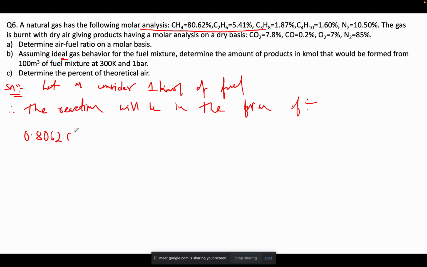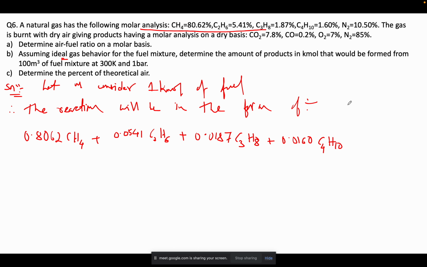0.8062 CH4 plus 0.0541 C2H6 plus 0.0187 C3H8 and 0.0160 C4H10.